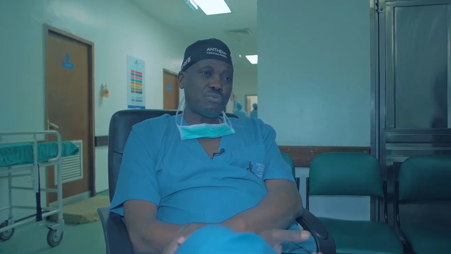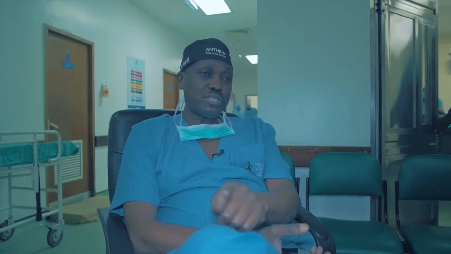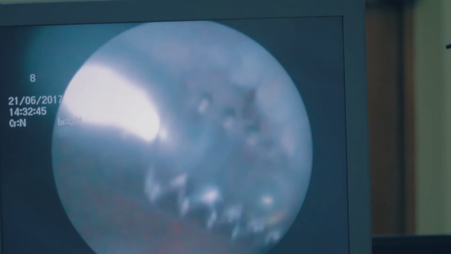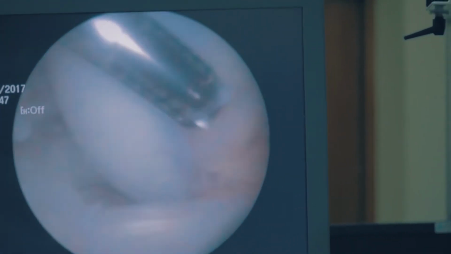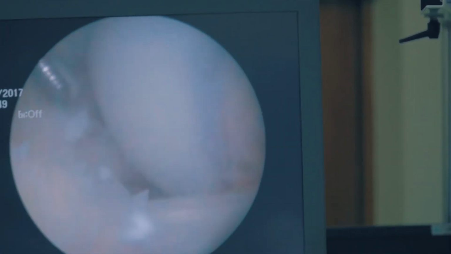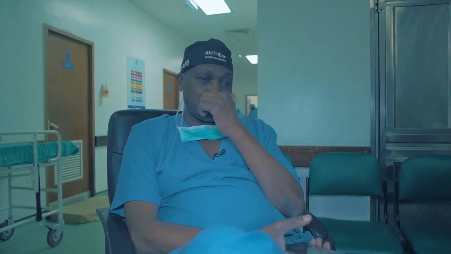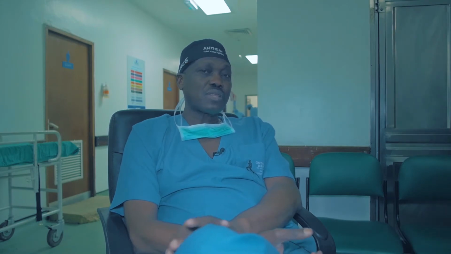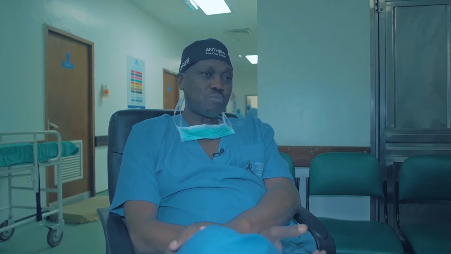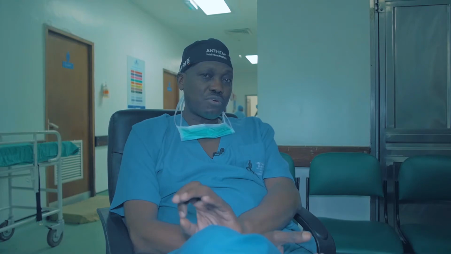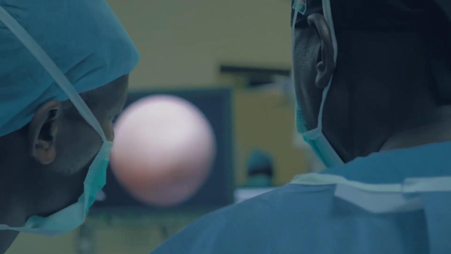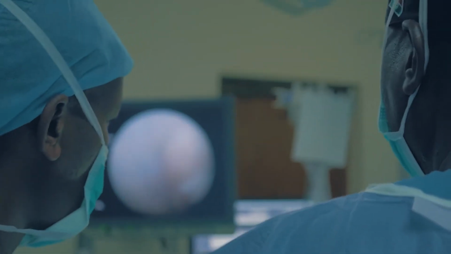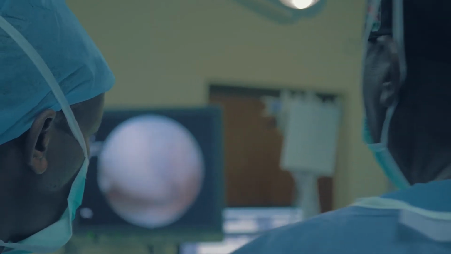So what we did was to completely cut off that area of the cartilage which was damaged, leave the bone raw, and trim it nicely so that we have a smooth area around the defect. The next thing we did was what we call microfracture, going in with a sharp instrument and making several puncture holes at about 5 millimeter distance apart.